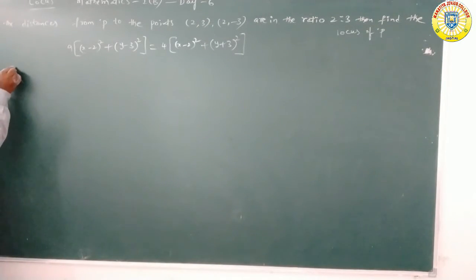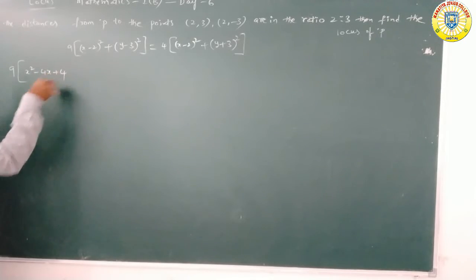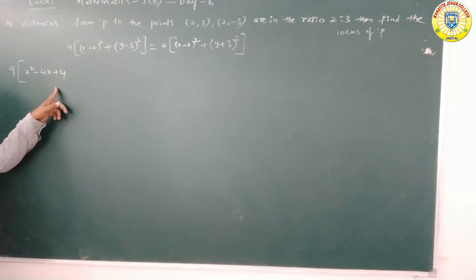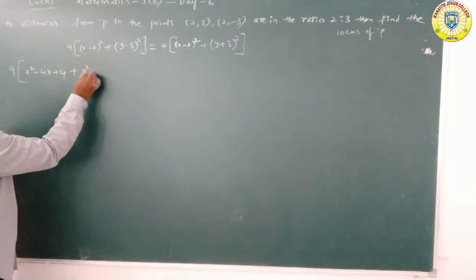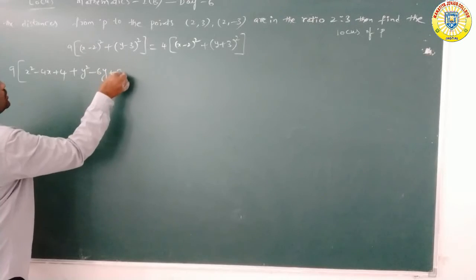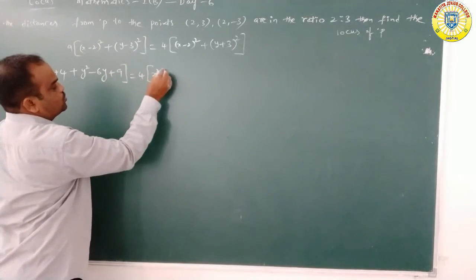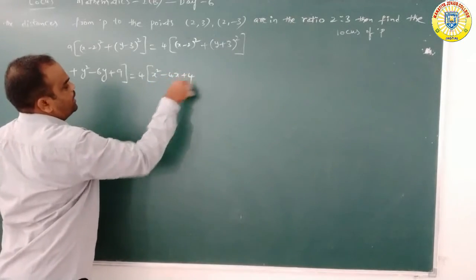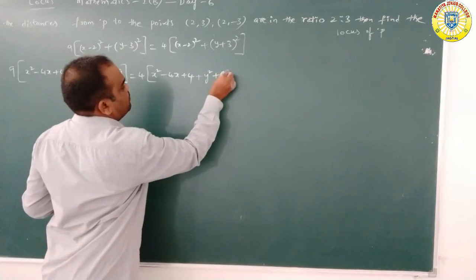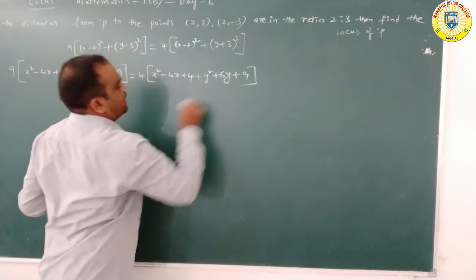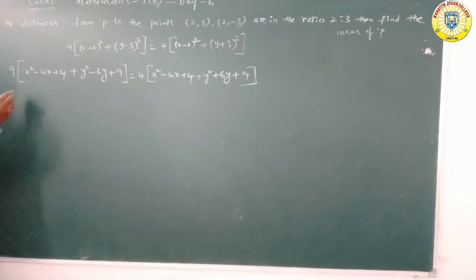Expanding: 9 into (x square minus 4x plus 4) plus (y square minus 6y plus 9) is equal to 4 into (x square minus 4x plus 4) plus (y square plus 6y plus 9). Now we are expanding, multiplying the values inside.